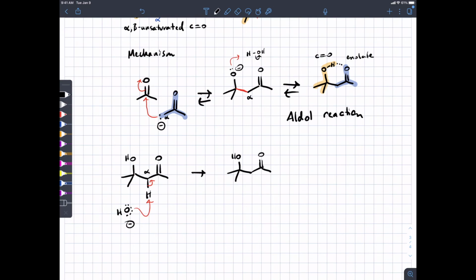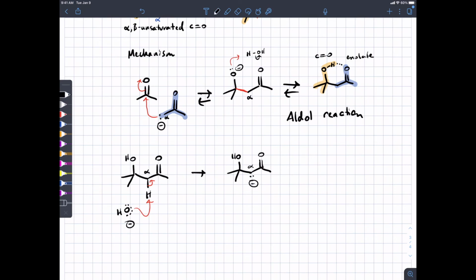Now, if it were an E2 reaction, instead of having these electrons go on the alpha carbon where they're stabilized by resonance, we would have simply had these electrons kick down and OH minus leaves. But it turns out OH minus is not a good enough leaving group to leave until we have the negative charge on the alpha carbon.